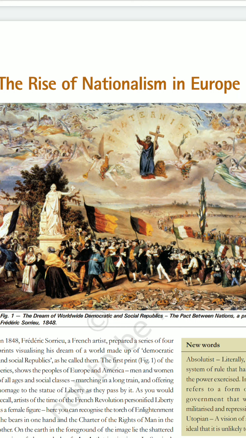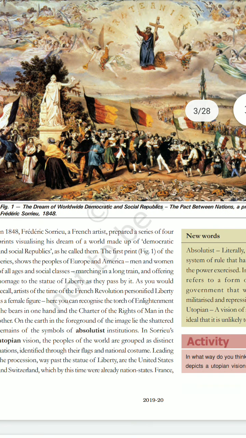If you remember, in class 9 we already studied how nationalism emerged in Europe after the French Revolution, that the Bastille fort was destroyed by the French people in 1789, and after that everything happened in France.